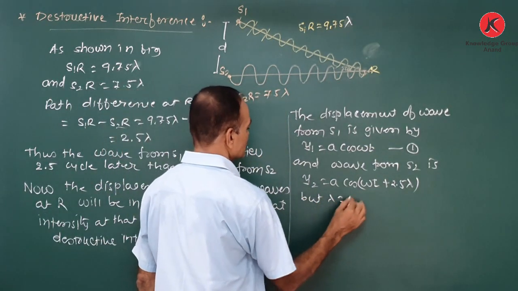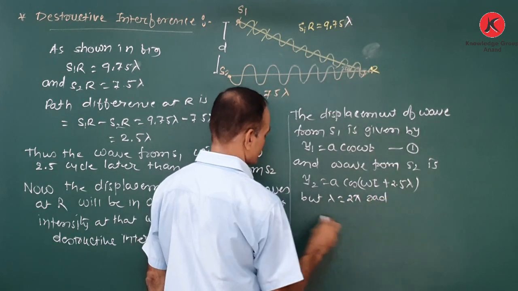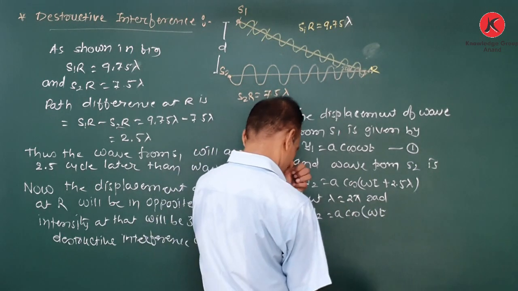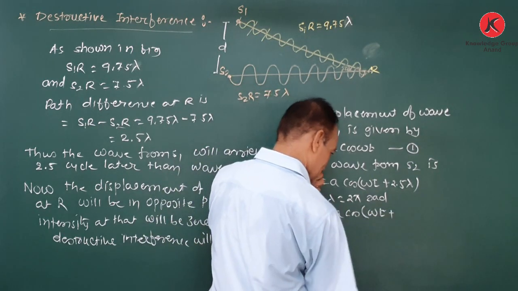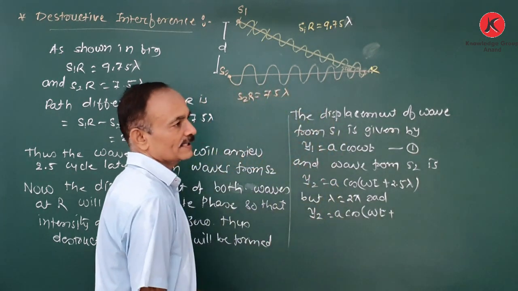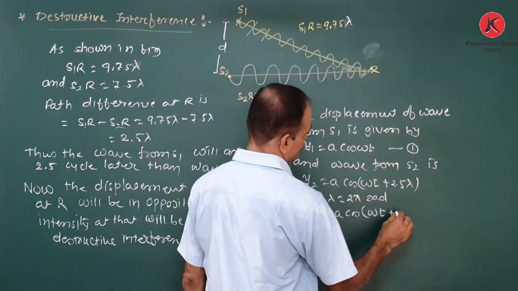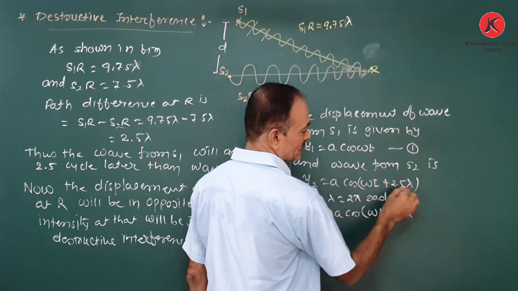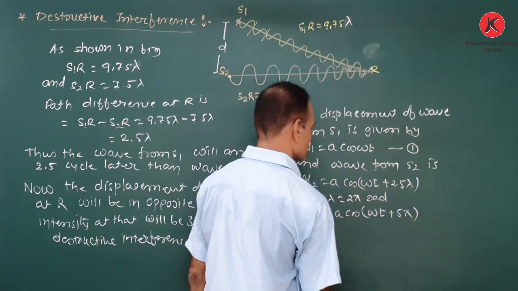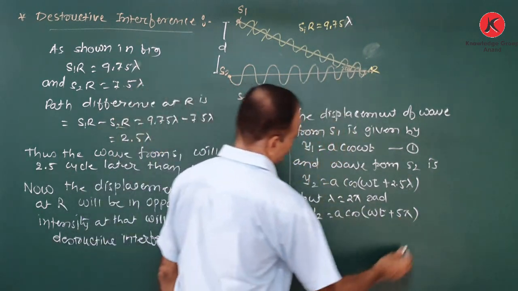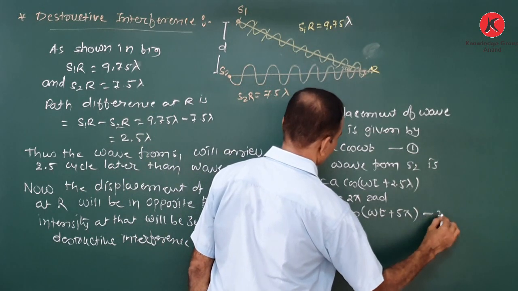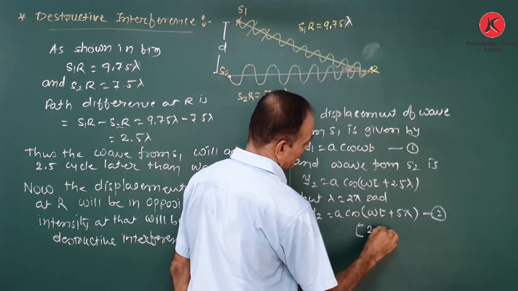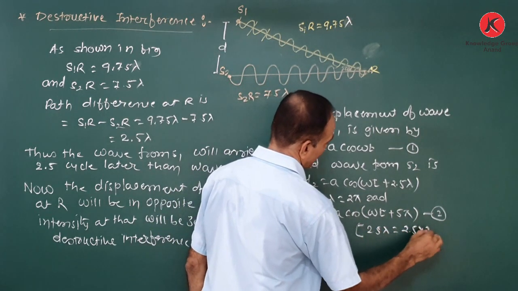But lambda is equal to 2 pi radian phase difference. Therefore, y2 is equal to a cos (omega t plus 2.5 into 2 pi), that means plus 5 pi, which is equivalent to pi, equation 2. Because lambda is equal to 2 pi, 2.5 lambda is equal to 2.5 into 2 pi.